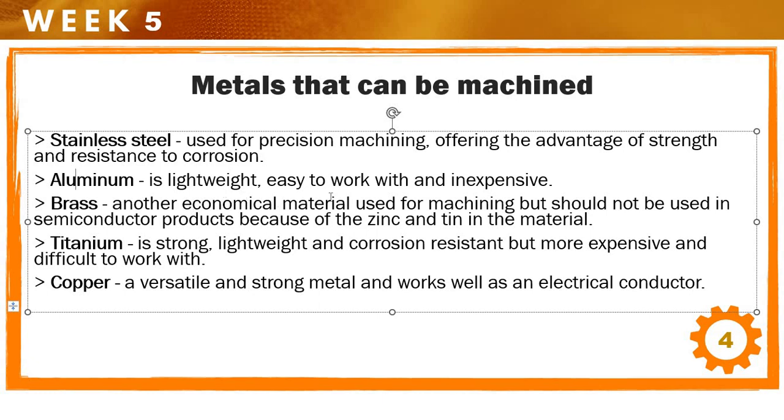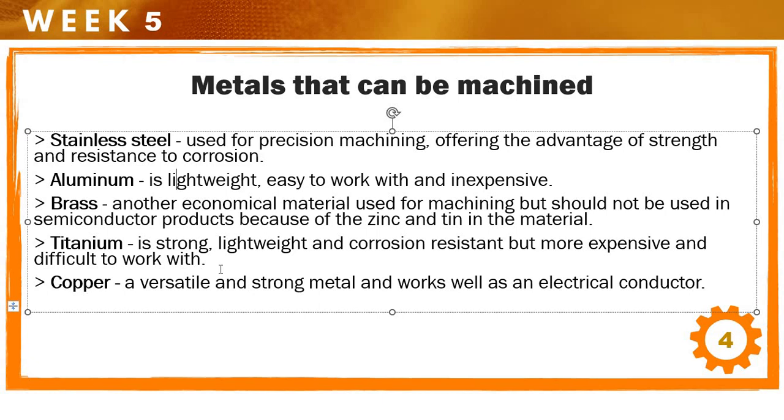Then next is aluminum. It is lightweight, easy to work with, and inexpensive. This is the number 2 material again, just like in our last lesson, the forming process. Aluminum is very useful in every industrial process because of its lightweight property, and it is inexpensive.